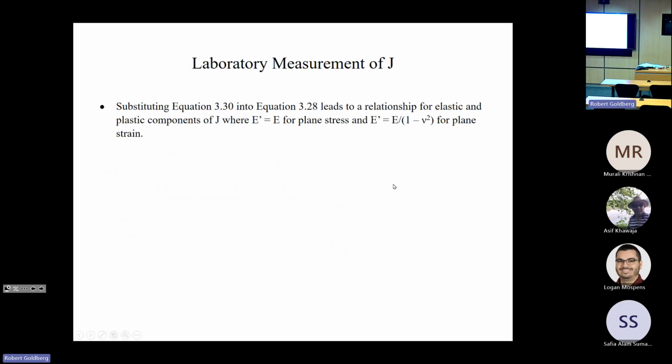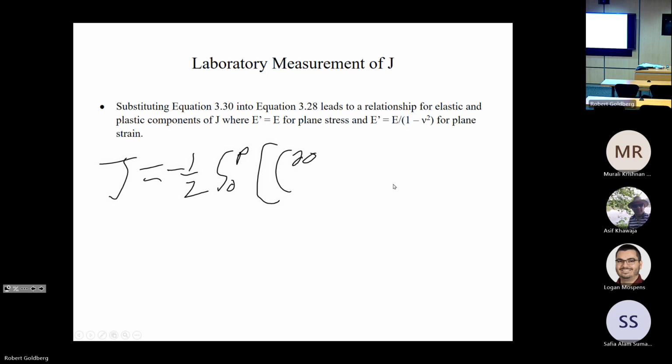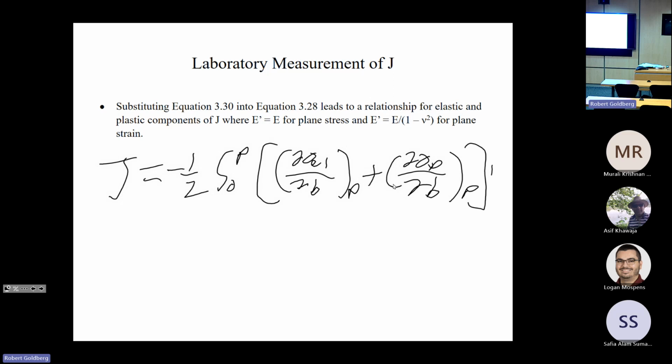And what we get is that J is equal to negative 1/2 integral 0 to P of the derivative of the elastic part of the displacement with respect to B for constant load plus the derivative of the plastic part of the displacement with respect to B, constant load, times dP.